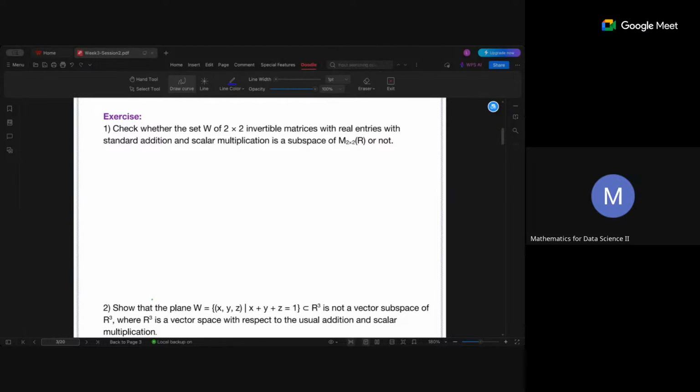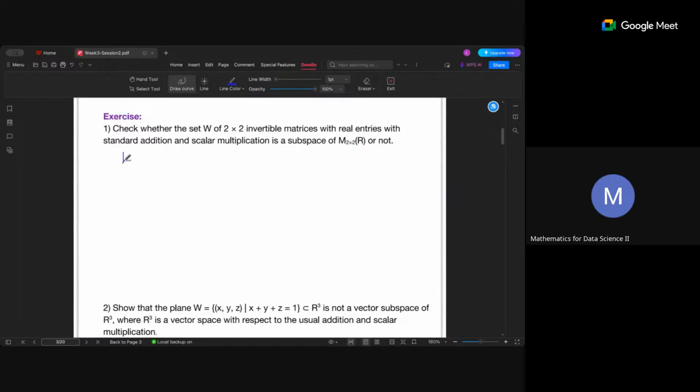Here we will see a specific example for a matrix and in R3. So here is the question. Check whether the set W of 2 by 2 invertible matrices with real entries, with the usual addition and scalar multiplication, is a subspace of M 2 by 2 of R or not. What is the given set?